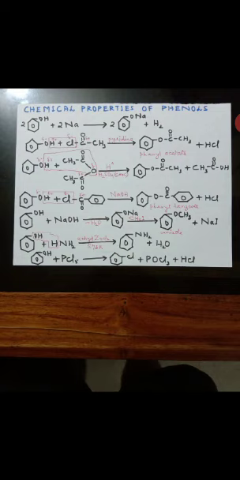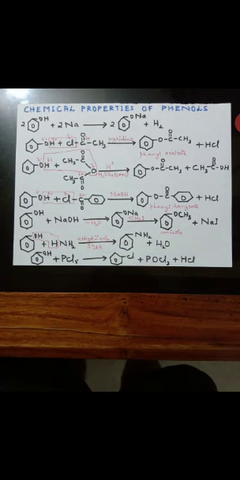Clear? In this way, when phenol reacts with NaOH, it gives sodium phenoxide and water. When phenol reacts with Na, as you have already seen, it gives sodium phenoxide and hydrogen. Clear? It gives phenoxides.